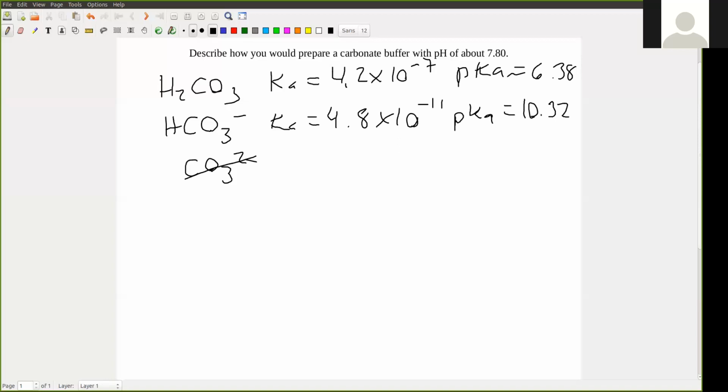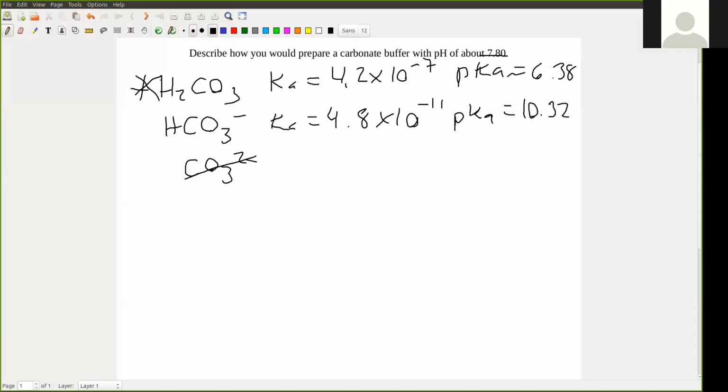What we want to do is select the species whose pKa is closest to the target pH. So in this case, we're going to pick carbonic acid in particular. This is a technique that you can apply to any polyprotic acid. You could just pick the one whose pKa is closest to the pH.